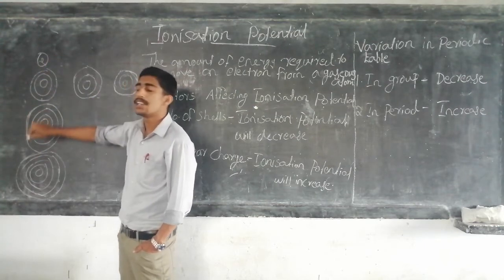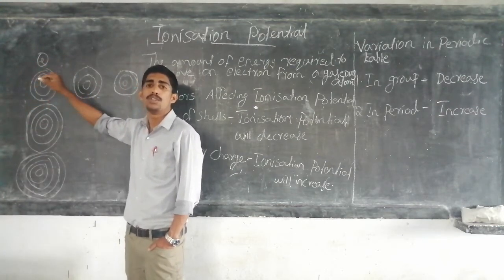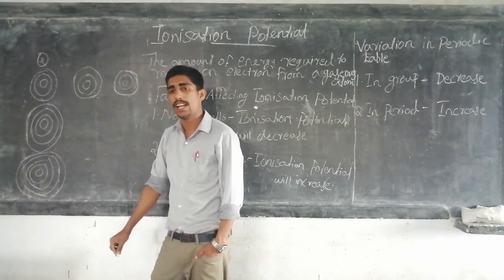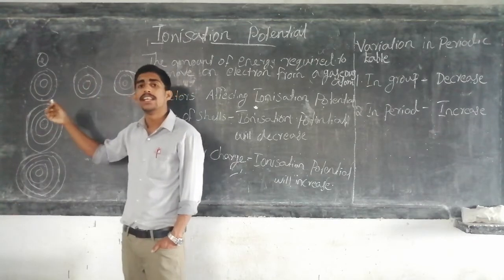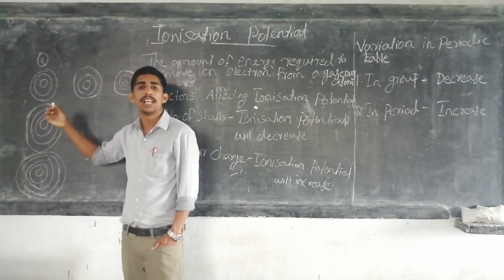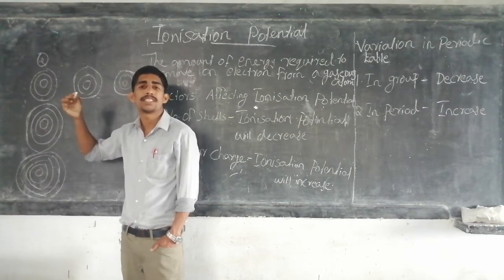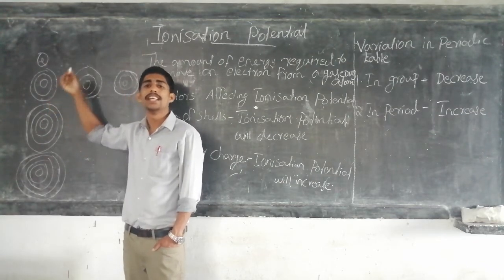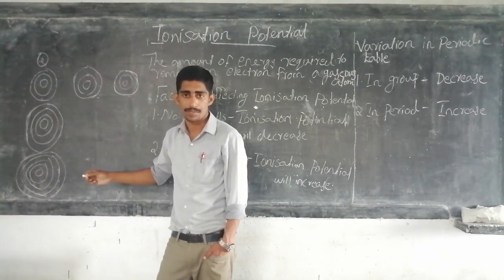If the number of shells increases, then the effect of the nucleus on the valence shell will decrease due to the shielding effect. Then the attractive force will decrease, and when we provide a small amount of energy, we can take out the electrons from the atoms.